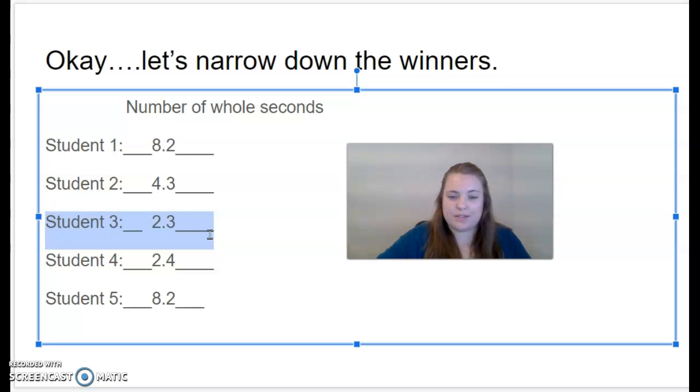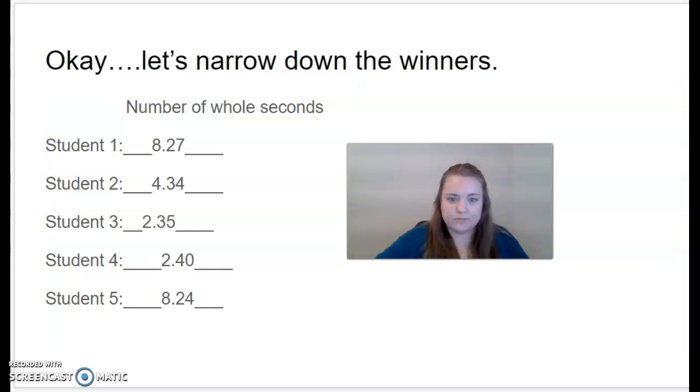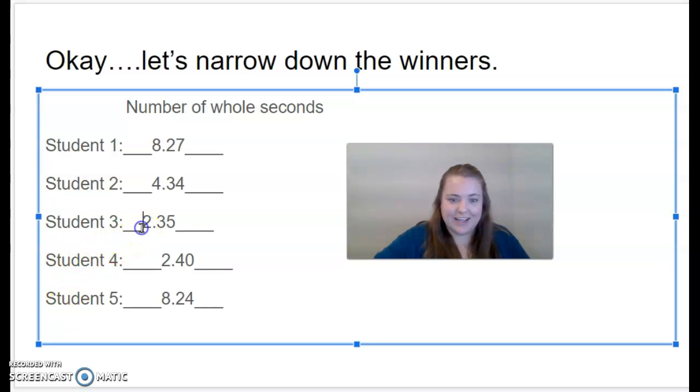What about the slowest of these 5 students? Who was the slowest? You don't know yet, do you? Okay. We need to go into the hundredths place and get even more specific. Here we go. So we have 8 and 27 hundredths and 8 and 24 hundredths.